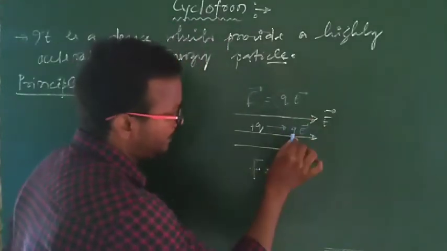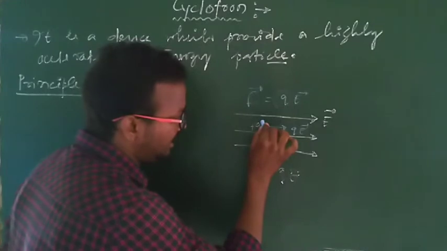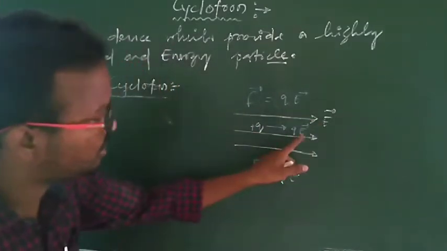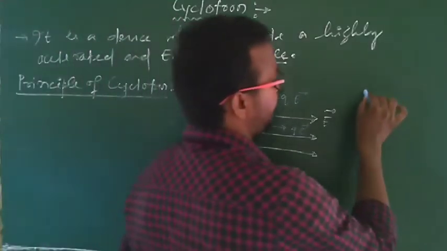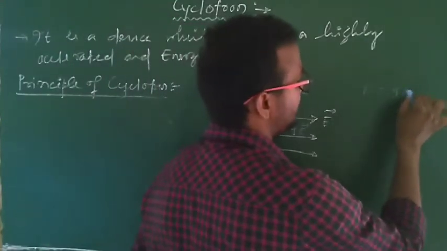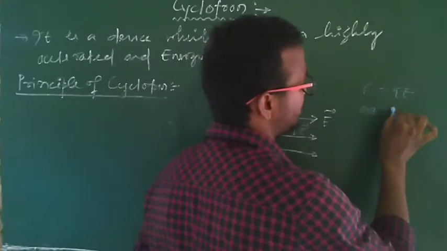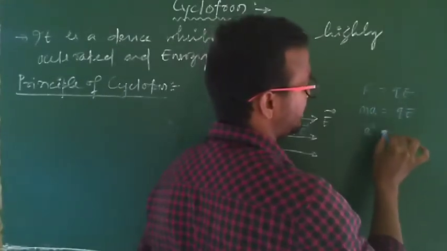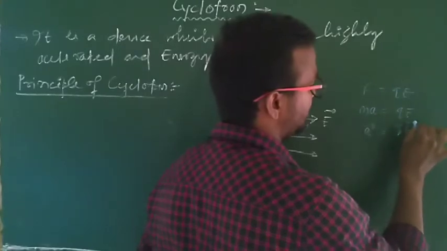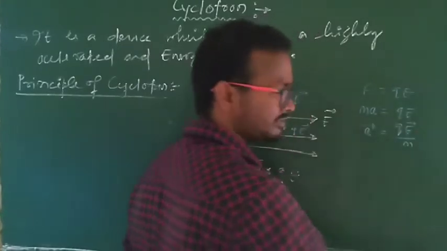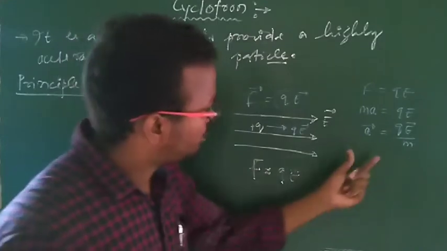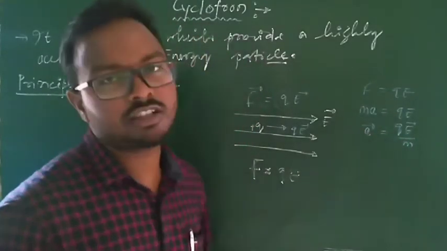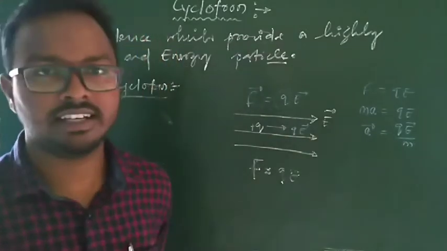Clear? Okay. This charged particle, which is inside the electric field, experiences a force equal to Q into E. We know force F equal to mass into acceleration, which is equal to Q into E, so the acceleration of that charged particle can be written as Q into E divided by M. That means a charged particle possesses some acceleration when placed inside an electric field.